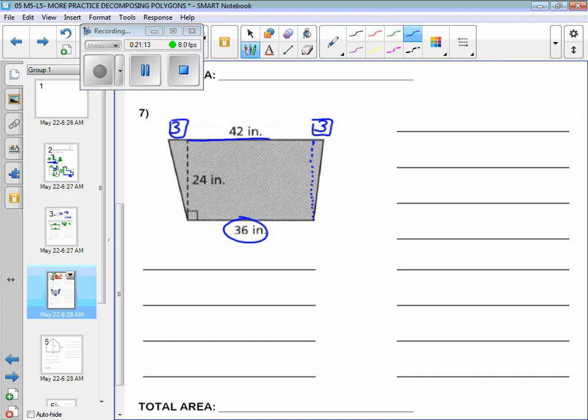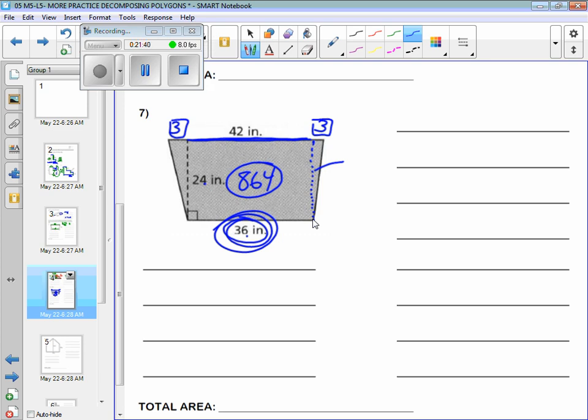Got to just remember from here to here now is not 42. It's 36. So 36 times 24. When you do that multiplication, you get this piece being 864. Just for that piece. But I got to add my 2 triangles. This triangle has a height of 24 and a base of 3.